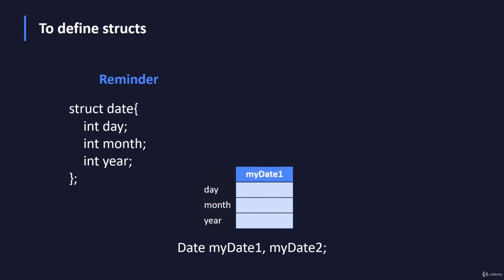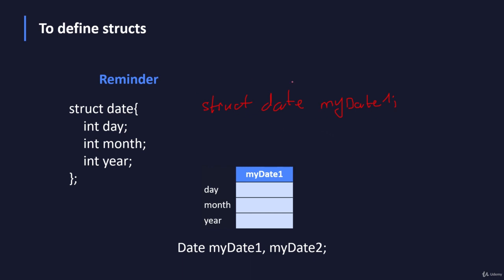So there was something we had to write to create the variable. Previously it was like struct date, we specified struct date, and then we specified, for example, in this case it was my date 1, so that's how we created this variable of type struct date.